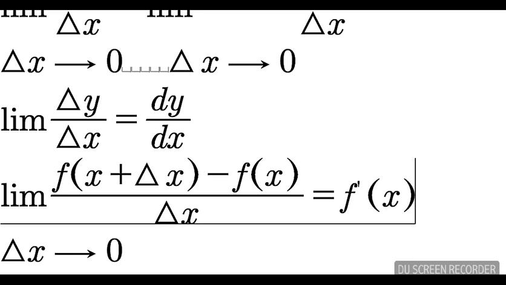Mind you, the way you pronounce it is: limit of f of x plus delta x minus f of x all over delta x, as delta x tends to 0, is the same thing as f prime of x.